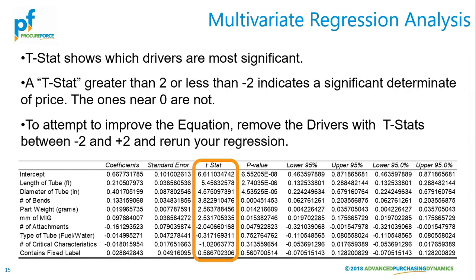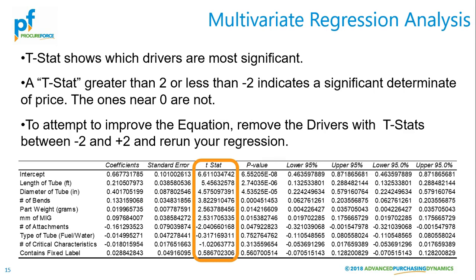So when you get something like that, you then want to look at the t-stats, and the t-stats tell you which of the physical part attributes that you put into your regression are actually predictive of cost. A t-stat of greater than 2 or less than -2 is a significant driver or determinant of pricing. Ones near 0 are not.